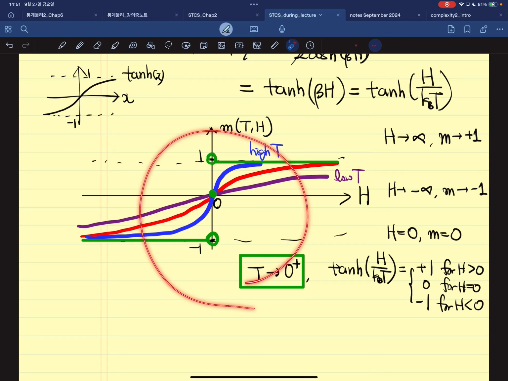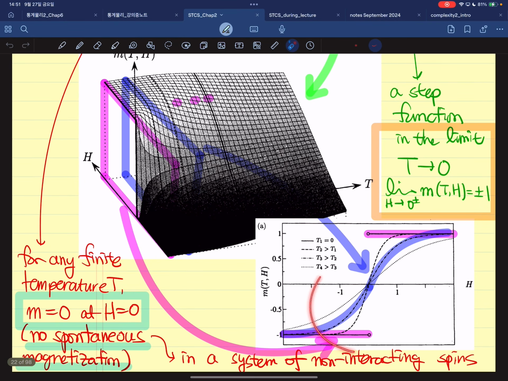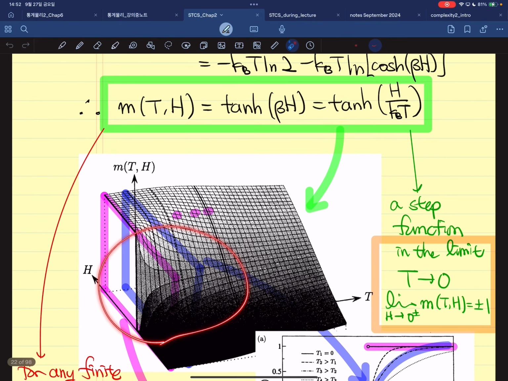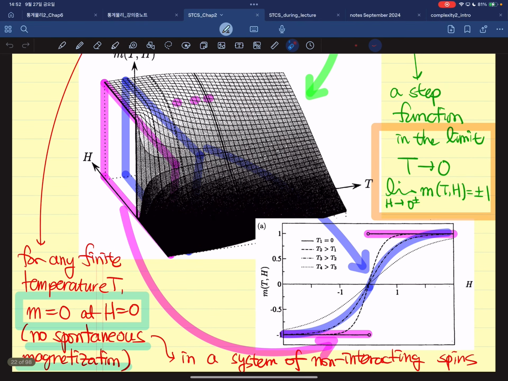So this kind of behavior is precisely described in this nice figure in the textbook. And of course, we can have a three-dimensional surface for this one as well, but this is not really visible. If you saw this plot, it's just a slice like this. So this zero temperature case would be like this, corresponding to this step function behavior.